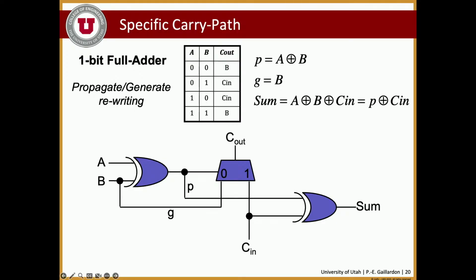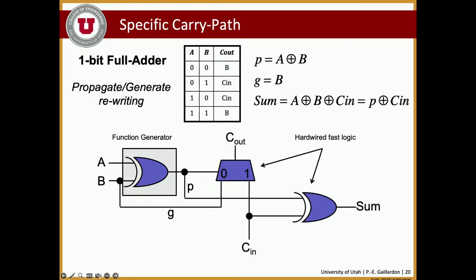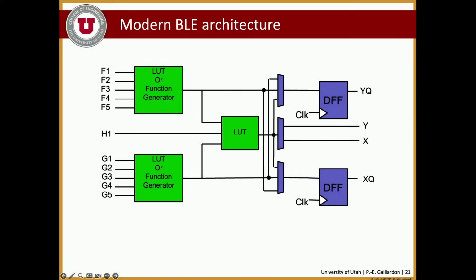Now what is interesting here is that you can take this block, hardwire part of it, put another part of it in the function generator, in the lookup table, and just augment your fracturable CLB with these carry control signals. And these carry controls right here will have the multiplexer to propagate the carry and the sum calculation, while that initial propagate calculation can be implemented in the lookup tables.